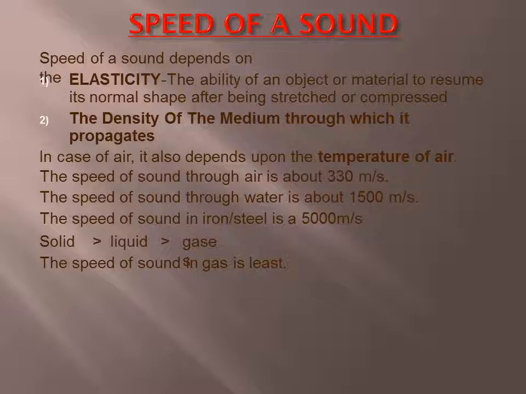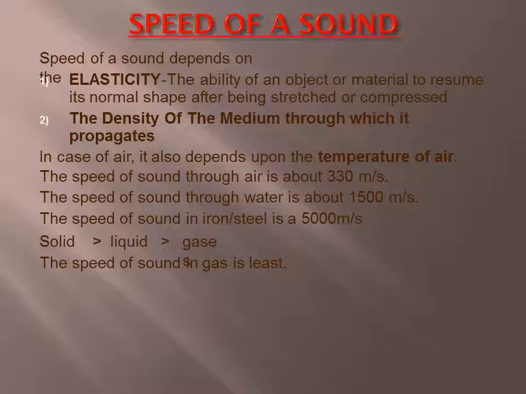So in case of air, it also depends upon the temperature of air. Okay, so we have different types of speed for different mediums. The speed of sound through air is about 330 meters per second.